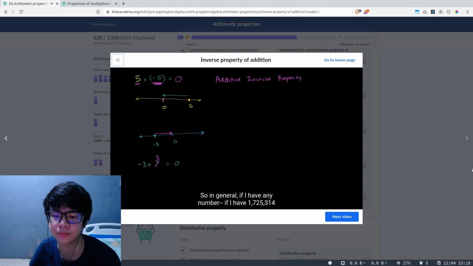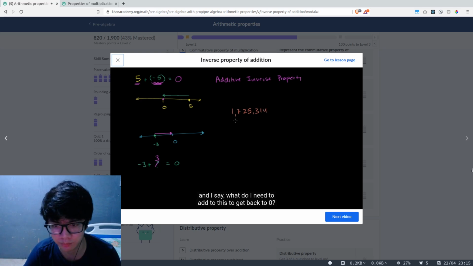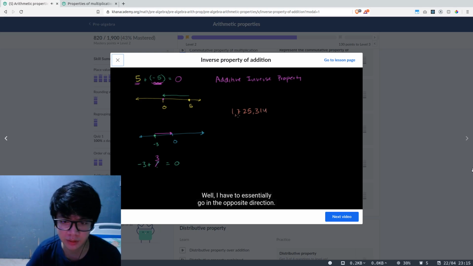So in general, if I have any number, say 1,725,314, and I ask, what do I need to add to this to get back to 0? Well, I have to essentially go in the opposite direction, the leftwards direction. So I'm going to subtract the same amount, or I could say I'm going to add the additive inverse, the negative version of it.